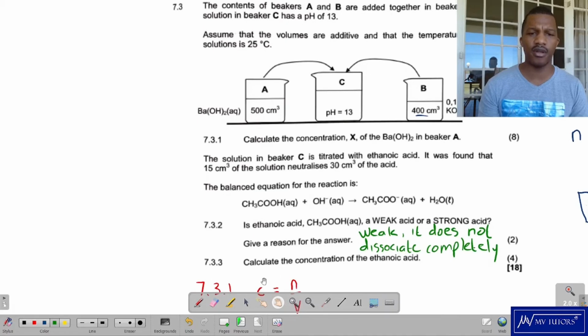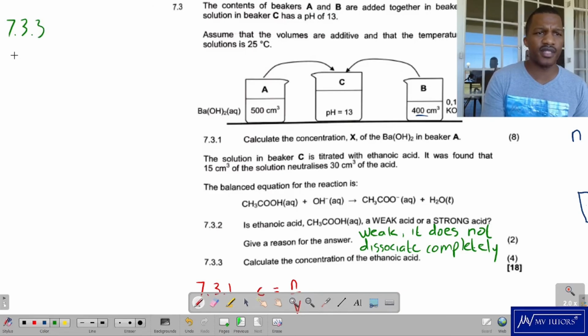All right, so we need a different formula here, and the formula that we're going to use is this one that says, remember, C is equal to n over V. That means n is equal to CV.